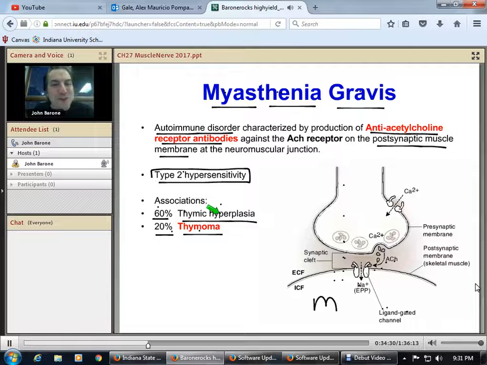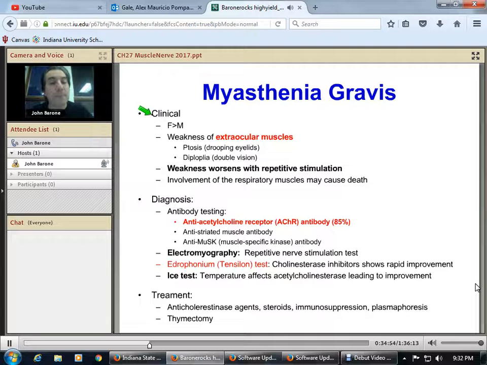So if you remove this thymic hyperplasia, you're going to remove a lot of the B cells that are making the antibodies. So you're not going to be cured because there'll be B cells in other areas, but you're going to get so much better when you do the thymectomy because that's a source of a lot of the antibodies. So again, always look for thymic enlargement. If you see it, you should remove the thymus because they're going to get greatly improved.